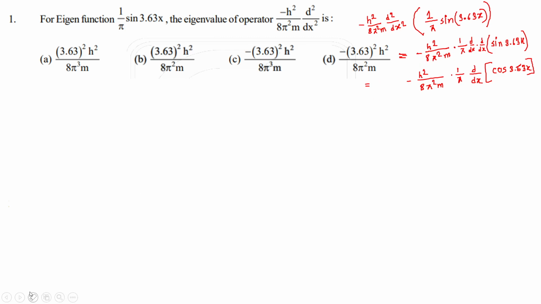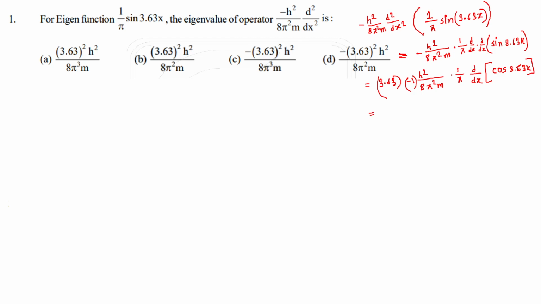So this is I should say minus 1. So these are all products. Now one time differentiation is left, but differentiation of cos leads to sine function, but with a negative sign. d of dx of cos x is minus sine x.